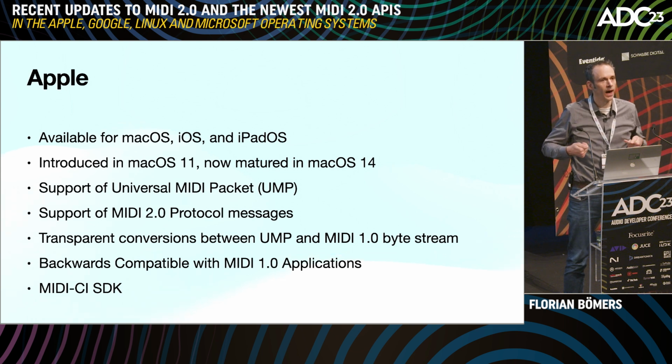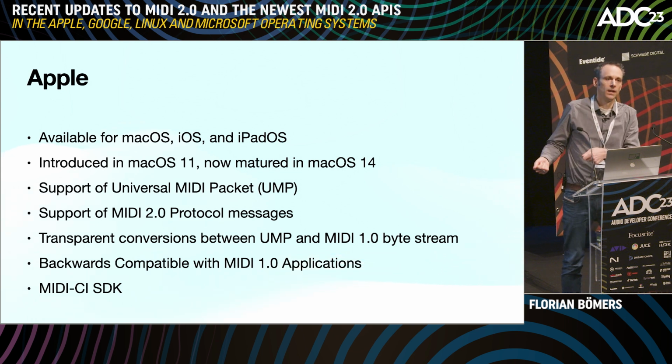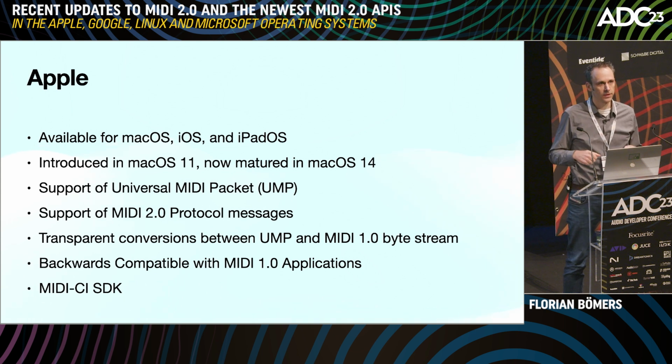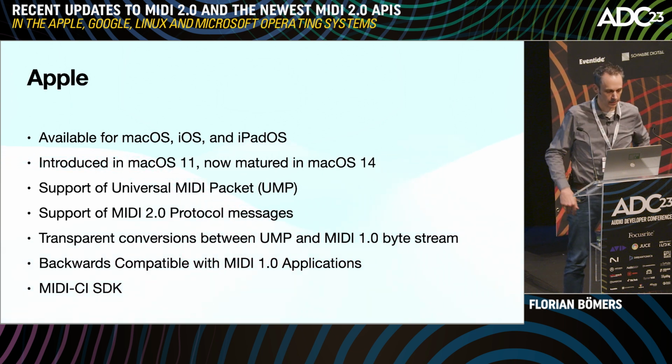So in the API, you can talk UMP or you can talk MIDI 1.0 and it's all interoperable. So if your software is still using MIDI 1.0, it'll work just the same with MIDI 2.0 devices, but also with MIDI 2.0 software and vice versa.